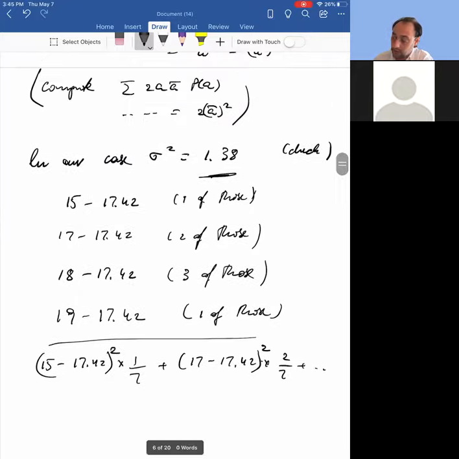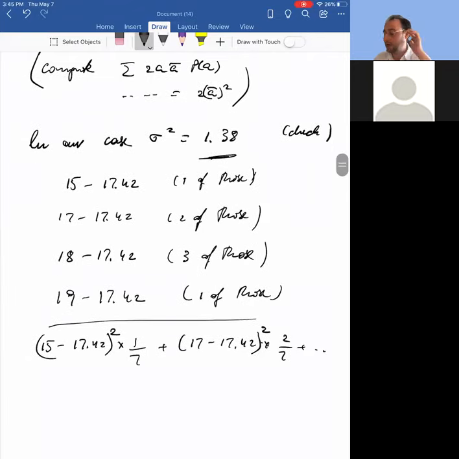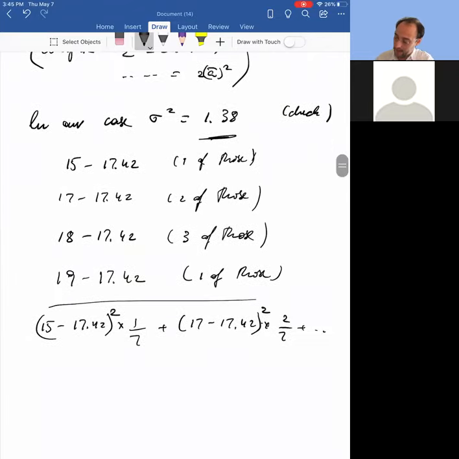And that will give you the variance. Or you can do even more primitively. Instead of multiplying by 2/7, you can say 15 minus 17.42 squared plus 17 minus 17.42 squared plus 17 minus 17.42 squared plus 18 minus 17.42 squared plus 18 minus 17, and so on, all divided by 7, right?